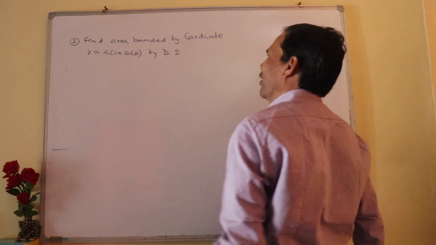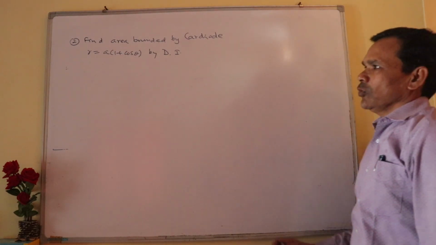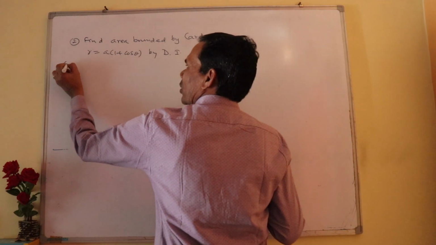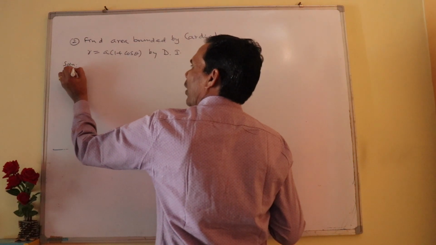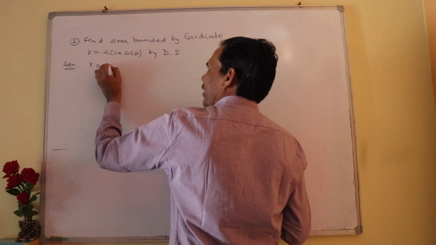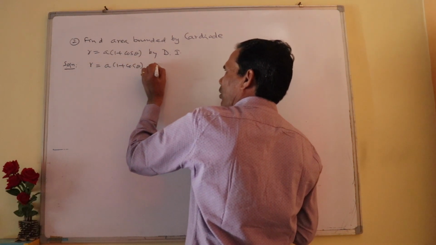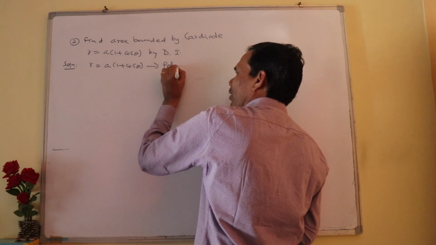So you have to find the area of this cardioid by using double integration. Solution: this is a polar curve, r equals a(1 plus cos theta). This is a polar curve, so we use the formula in polar.